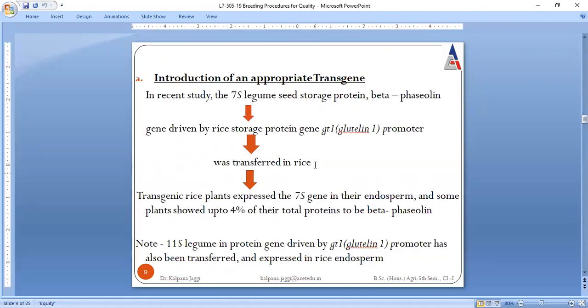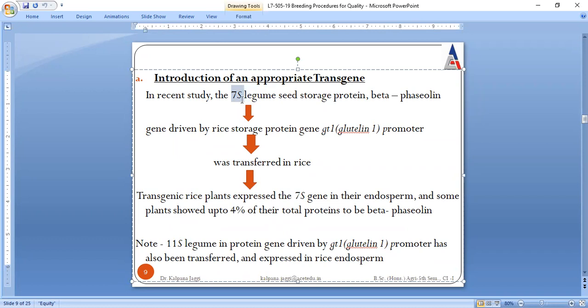Then another example I let you know, which is a study, and it has been found in a recent study that the 7S legume seed storage protein, that is said to be beta phaseolin, is driven by the rice storage protein gene GT1 promoter, and later on it was transferred in rice.